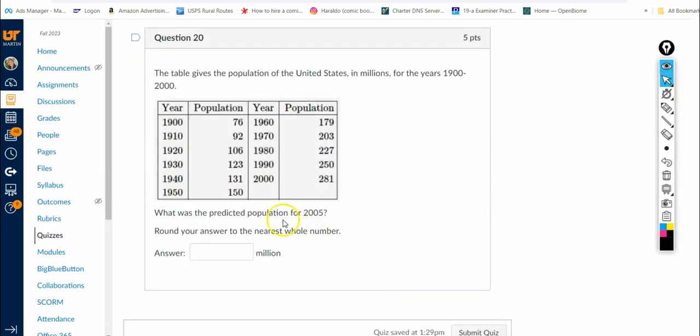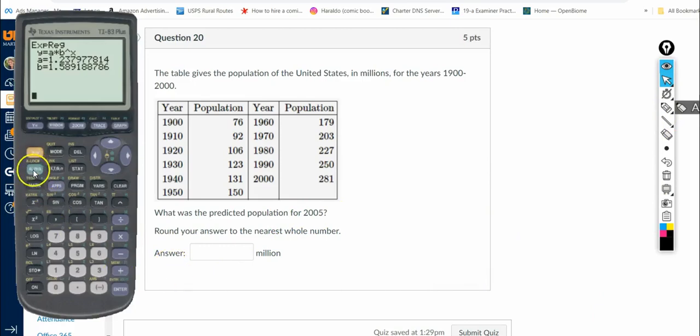And then the last one wants to know the predicted population for 2005. Okay, so again, I'm going to need 2 lists. And I need to clear these lists out. So I'm going to come down here and clear list 1 and 2.